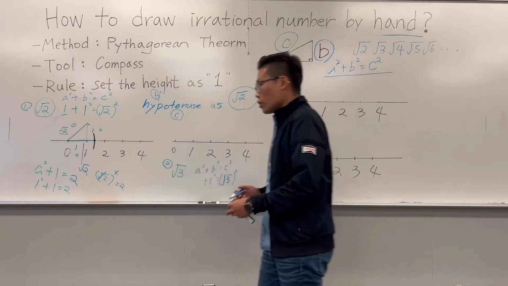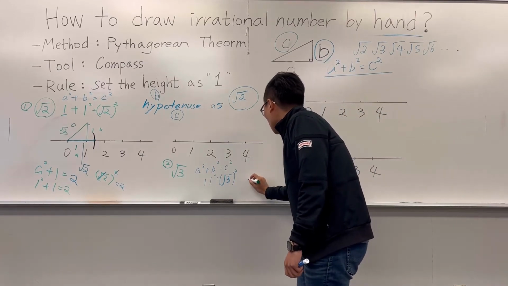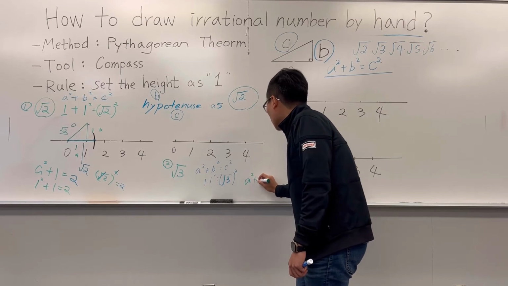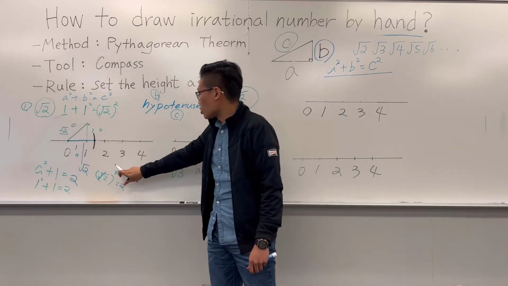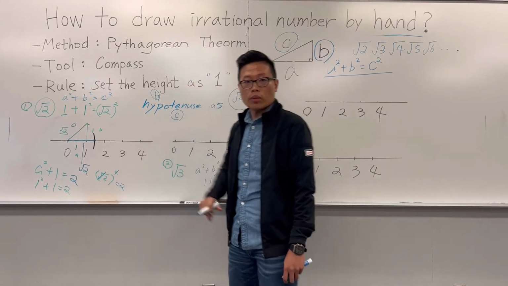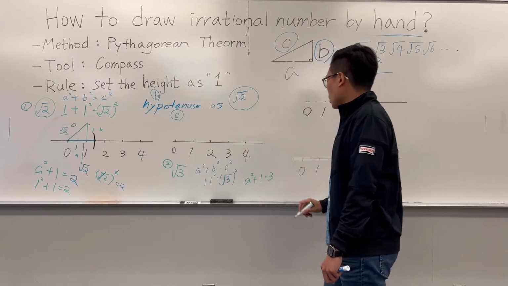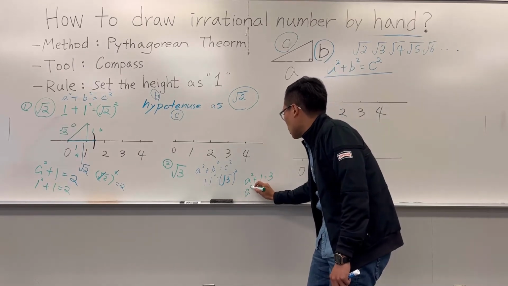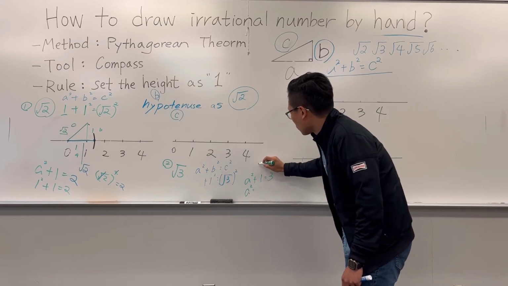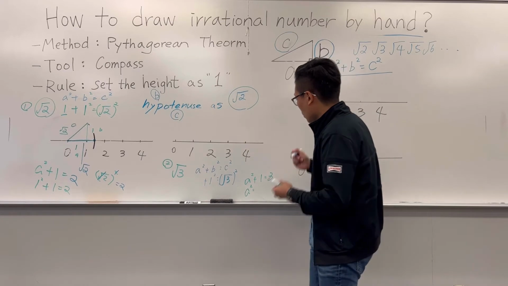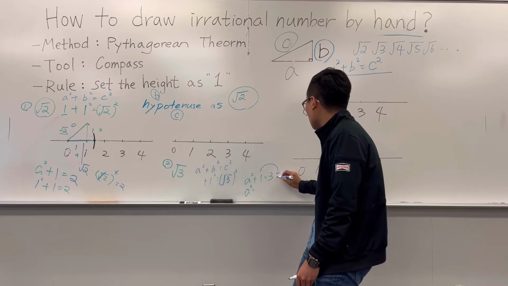Okay, I'm going to do a calculation again. So for the calculation, you know that a squared plus 1 equals, the square root and the square can cancel out each other, right? So here we only have 3 left. So let's do the equation calculation real quick. We have minus 1: we move the 1 to here and change the sign, that's minus 1.